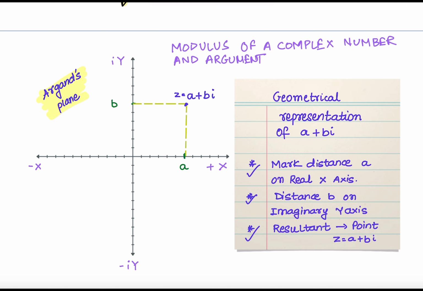So that's quite a fascinating thing, that complex numbers are basically points on a 2D plane. So whatever geometrical application of a point is present could be applicable to complex numbers in general.